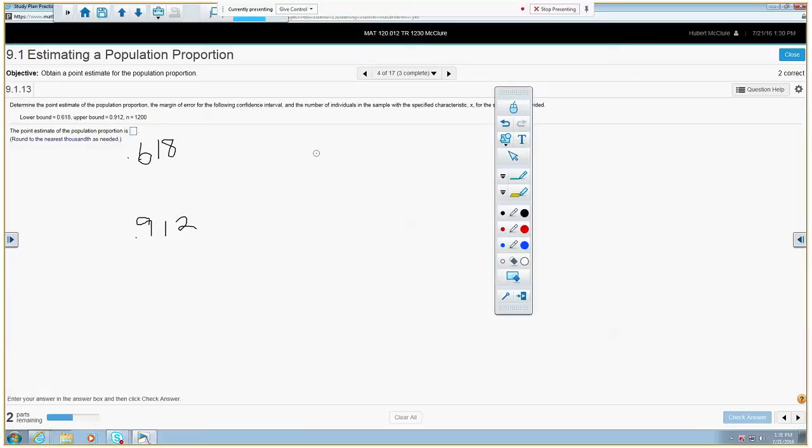We subtract those and find the distance and divide that by 2, or we add them together and divide by 2, whichever one you want to do. What do we come up with? So what is P hat? 0.765. Is that what y'all got?